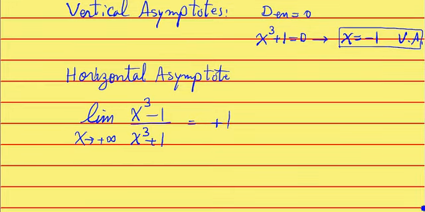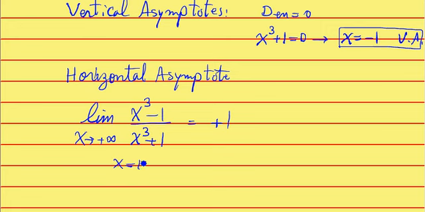Now let's see a little bit more into this. As this ratio approaches 1, does it approach it from below or above? We notice that the numerator is a tad below the denominator. For example, if x is 10, 10 cubed is 1,000, so let me write it down for you.